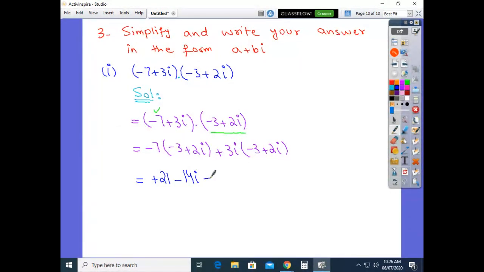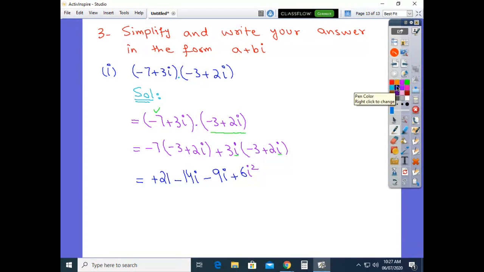Similarly, positive and negative becomes negative, 3 multiplied by 3 is 9 iota, and at last positive and positive becomes positive, 3 multiplied by 2 is 6, and there are two iotas. One iota is here, another is here. Iota and iota becomes iota square.